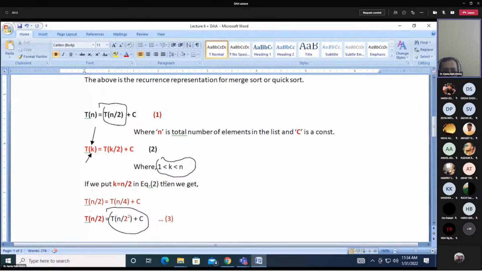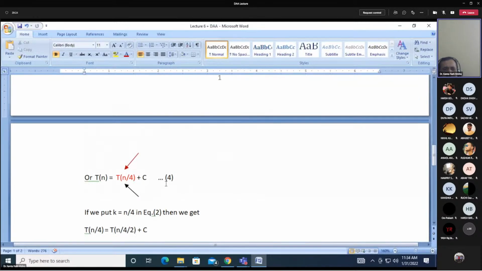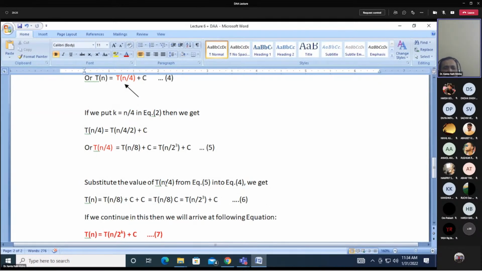Very good. Diksha Singh mentioned that if we put k equals n by 4 in equation 2, we get Tn by 4 equals Tn by 8 plus constant.